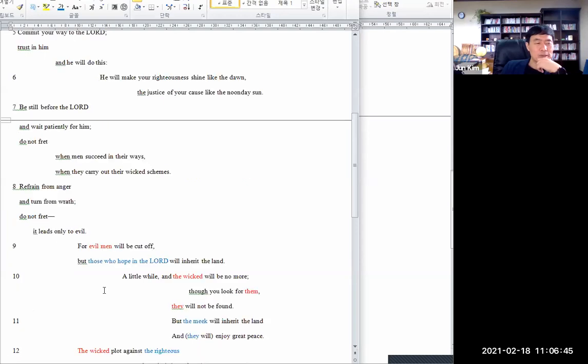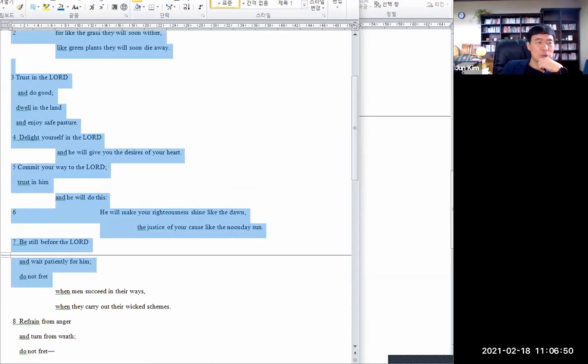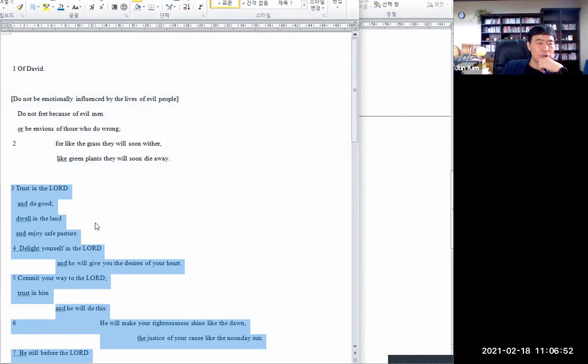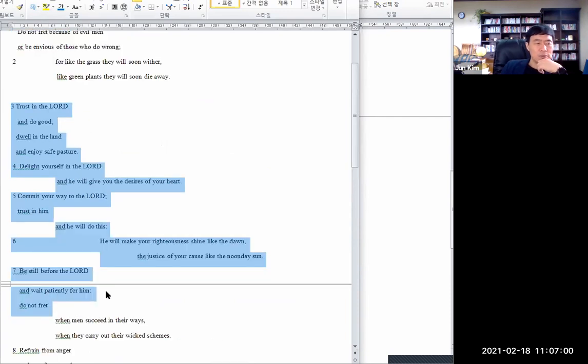Do not fret. So I think we can make a portion from verse 3 to 7, because verse 8 deals with another idea of negative commandments. But verse 3 to verse 7 are dealing with positive commandments. So probably we can broadly make a distinction between them like this. But if you can find any coherence among verse 3 to 7, you can put them together.